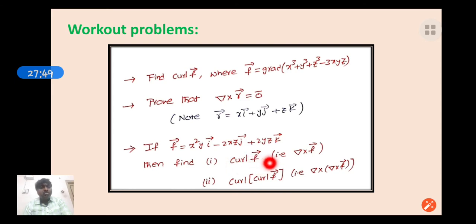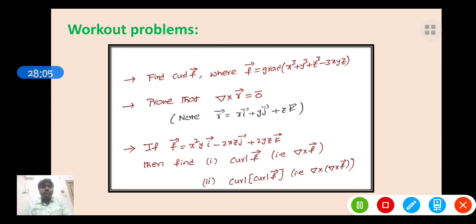First you calculate del cross f bar, the resultant is one more vector, and for that vector you calculate the curl once again. This is the way we can calculate curl. In the next lecture, we will discuss potential functions, scalar potential functions corresponding to the given irrotational vector functions. Okay, thank you.